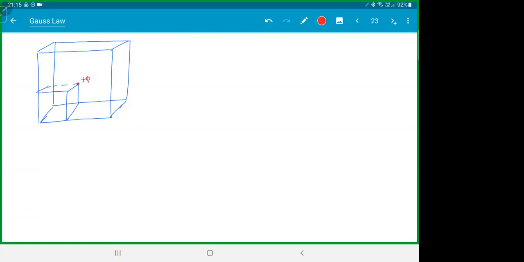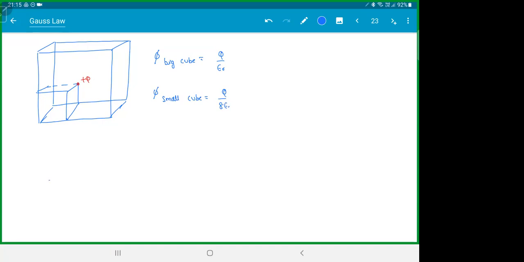An atom in the corner will contribute 1/8. Did you remember that solid state chemistry? Since there are 8 cubes, the flux through the big cube will be Q by epsilon. So the flux through that small cube will be 1/8 because there are 8 of them. Right?